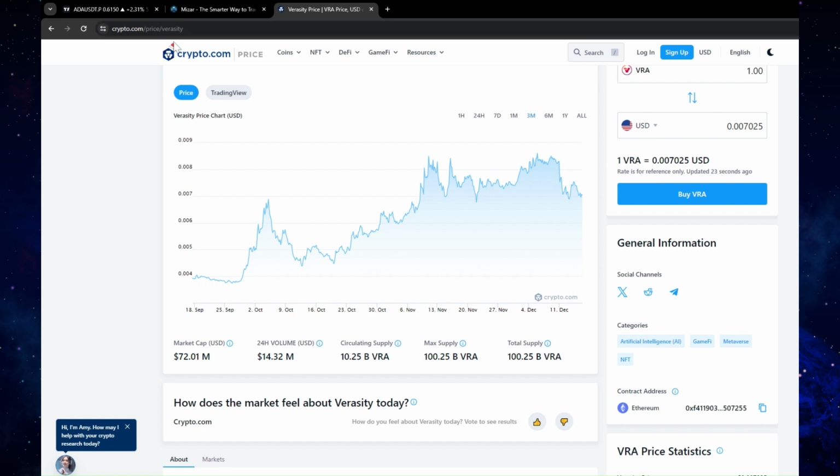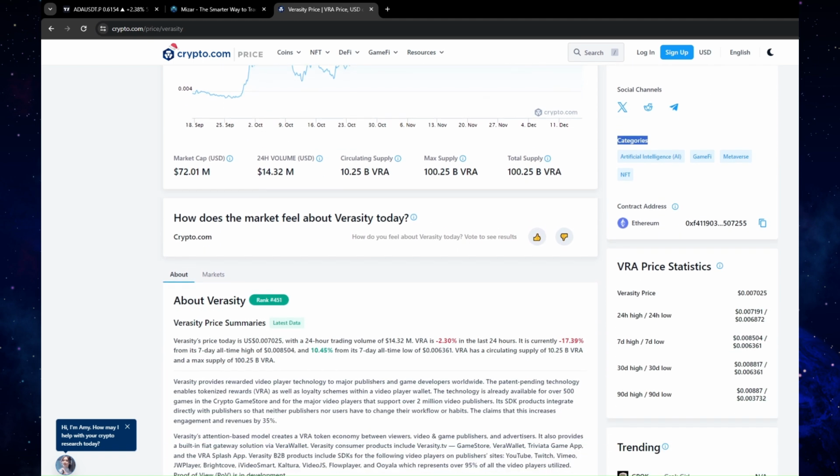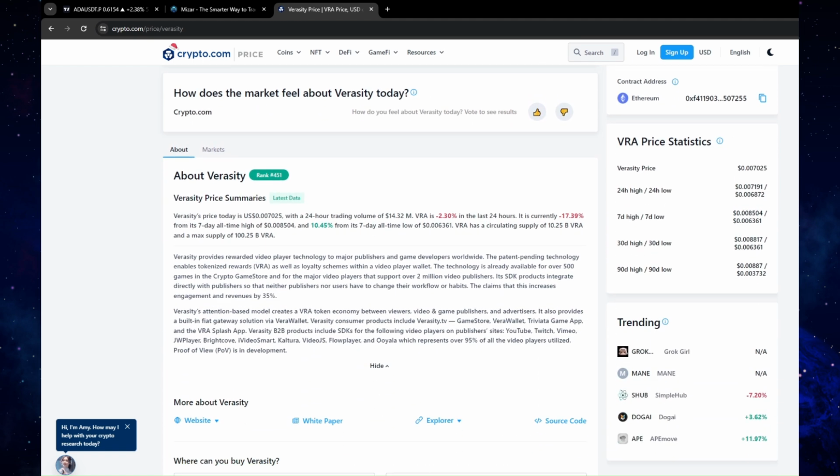And also here on crypto.com, and again on many other websites, they classify them, right? So here, for example, the categories are described, and this is a partially gaming and metaverse token, and it also has a bit of an AI flavor. And here is the high-level description of the token.